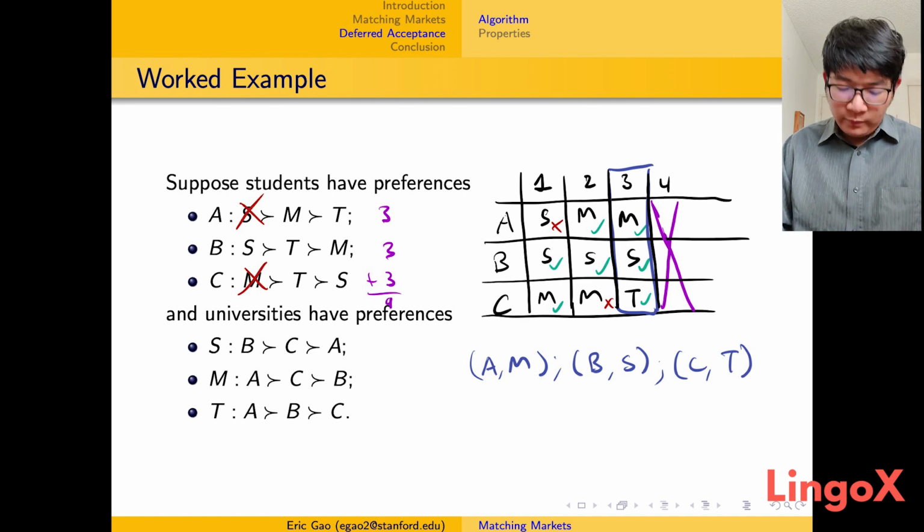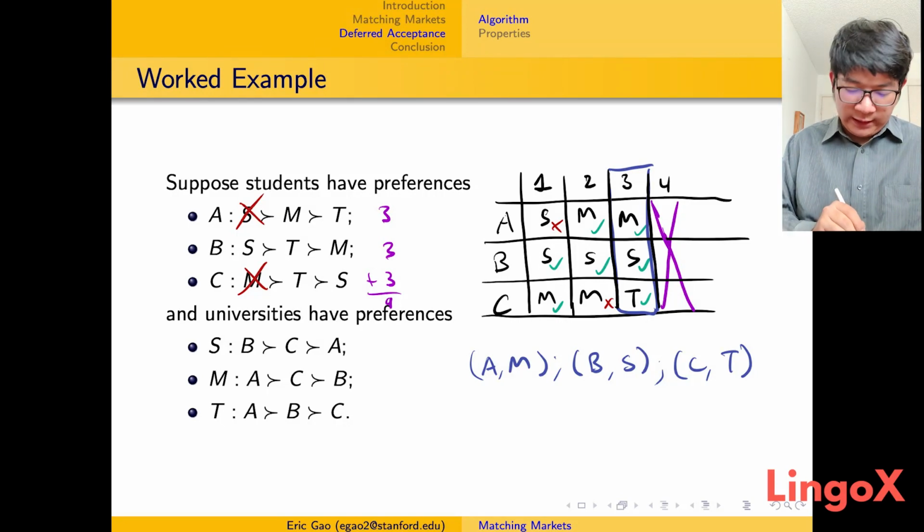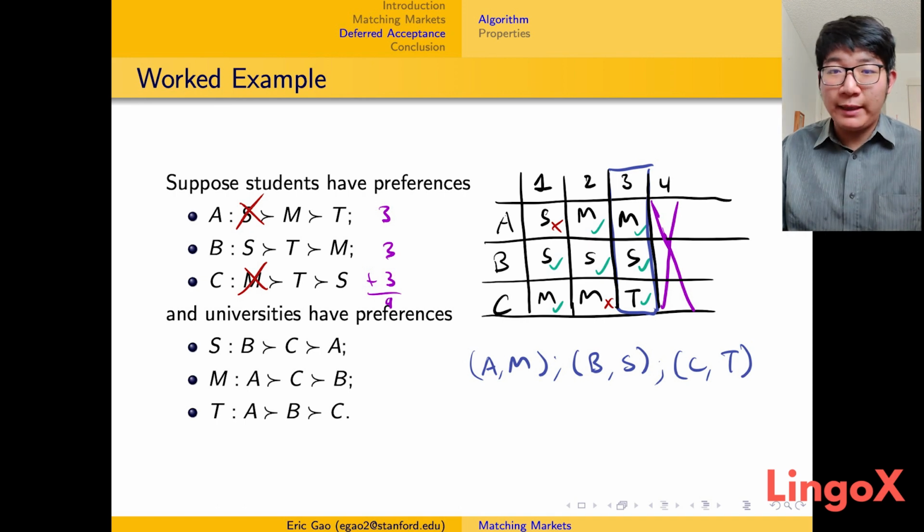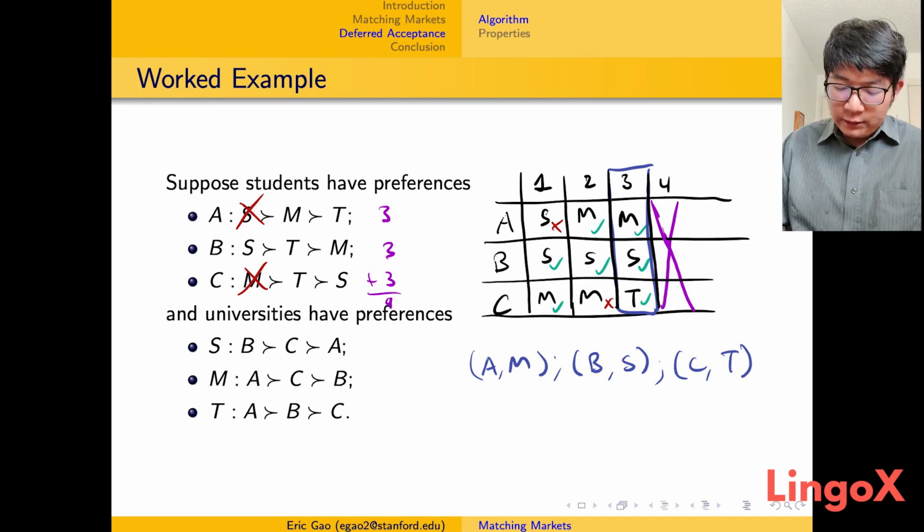When MIT does this comparison, they look at their list, they see that Alex is better than Carl for MIT, so Carl gets rejected, even though Carl got tentatively accepted in round 1. And Alex is now accepted to MIT. And for Bob, Stanford still only has Bob as their one applicant, so Bob stays accepted at Stanford.